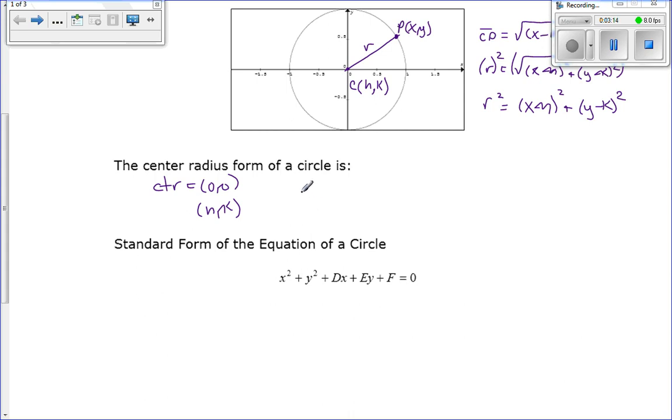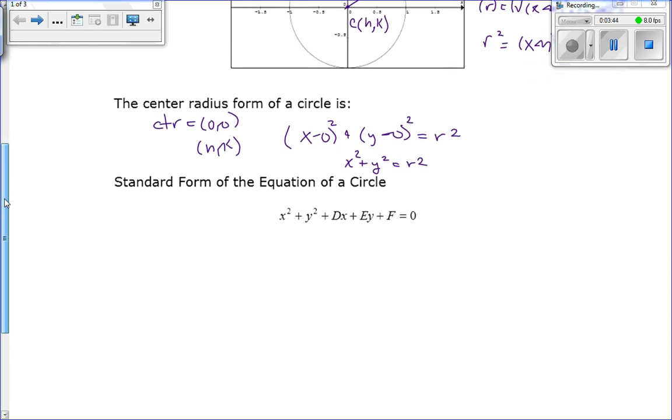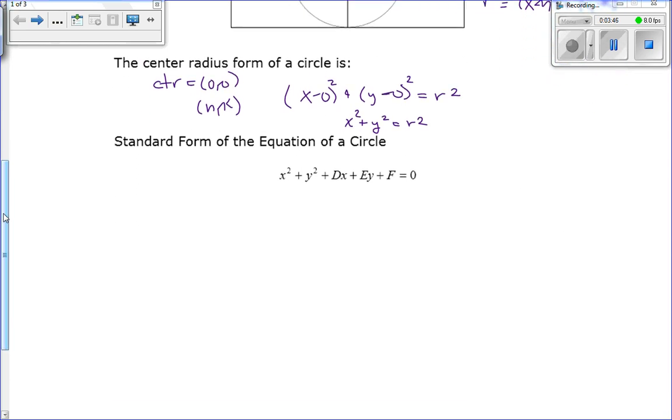So when we are centered at 0, 0, we would have (x minus 0) squared plus (y minus 0) squared equals r squared. This just simplifies to x squared plus y squared equals r squared, which is something you should be familiar with. And then we went on to trig, and we talked about the Pythagorean identity from there as cosine squared plus sine squared equals 1.